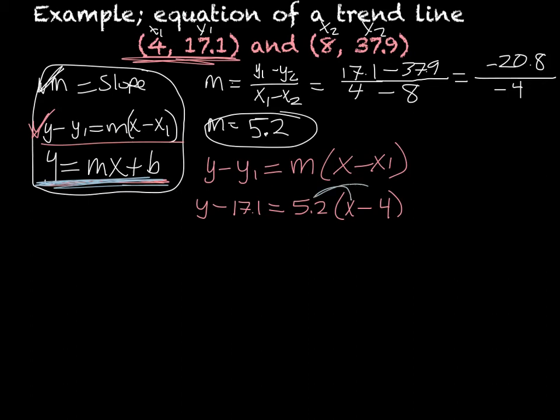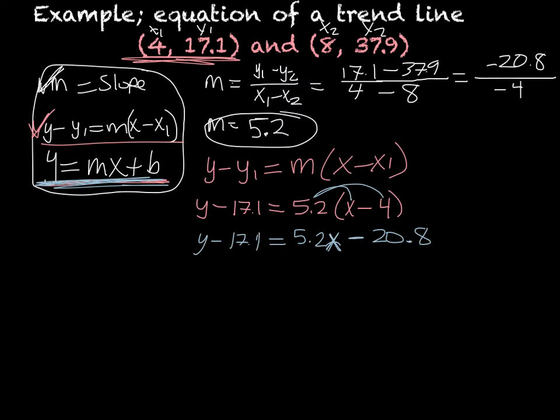So I'm going to distribute 5.2x minus 5.2 times a negative 4, which is negative 20.8, and that equals y minus 17.1.